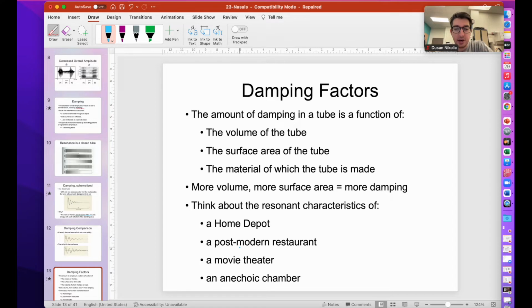A postmodern restaurant probably does not want you to have a conversation in a quiet space. It wants you to feel like you're in the crowd, like everything is loud around you. You can hear the kitchen is open, right? You can basically see it there, probably in the middle of a restaurant, or somewhere close to you.